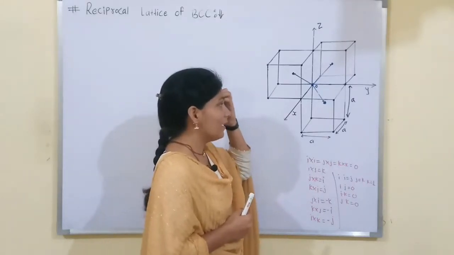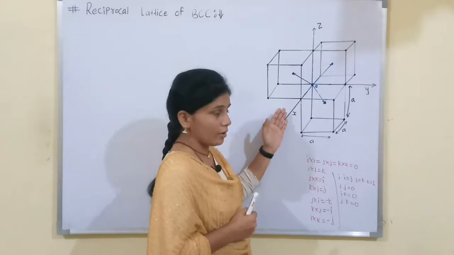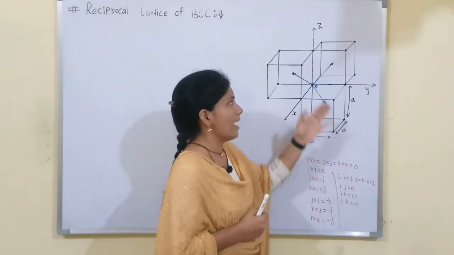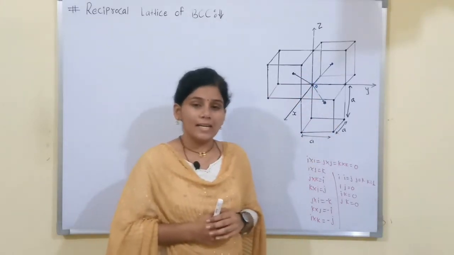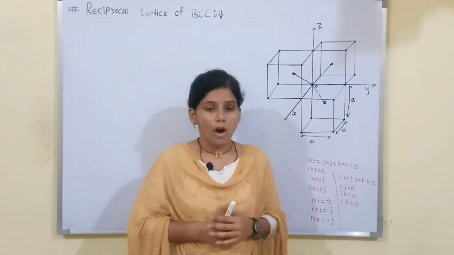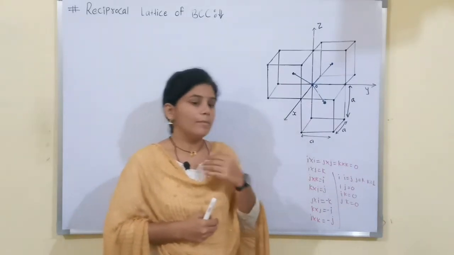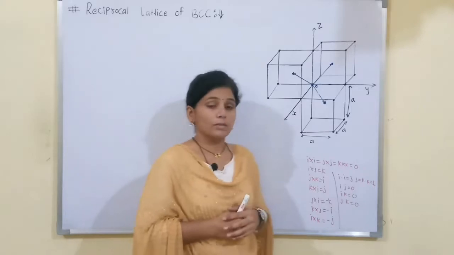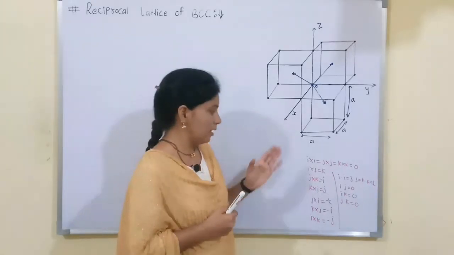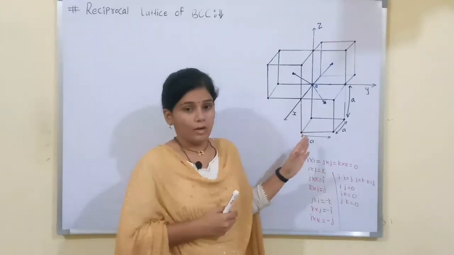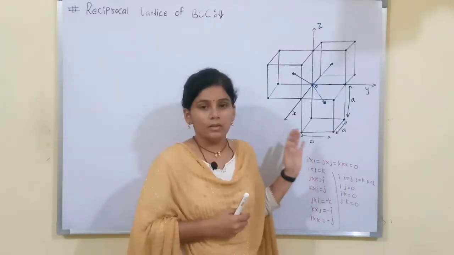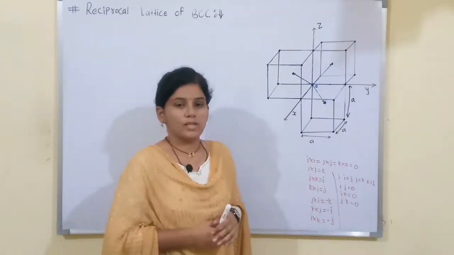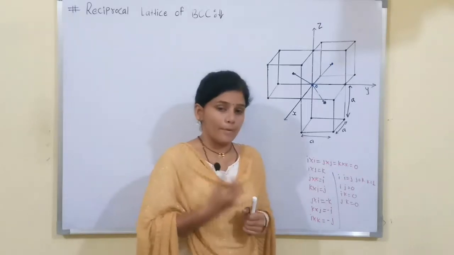And for that we have here three coordinate axes x, y and z. We have learned about the translation operator T in the previous video. What is meant by translation operator? To translate one object from one position to another position, we have to apply some operation on it.